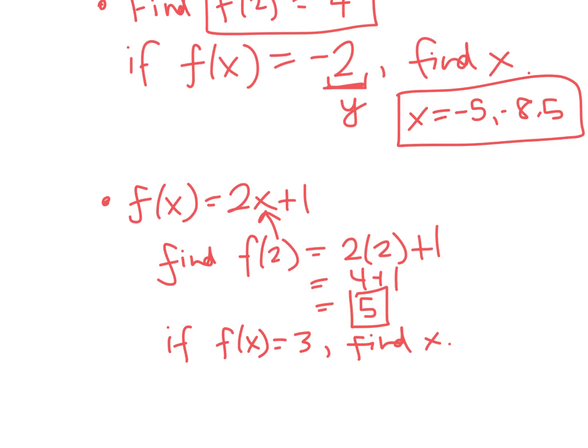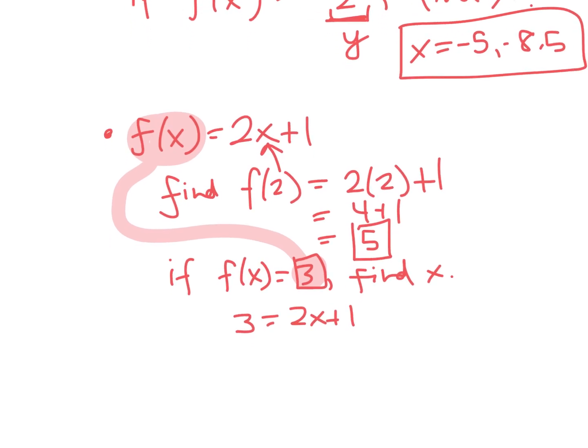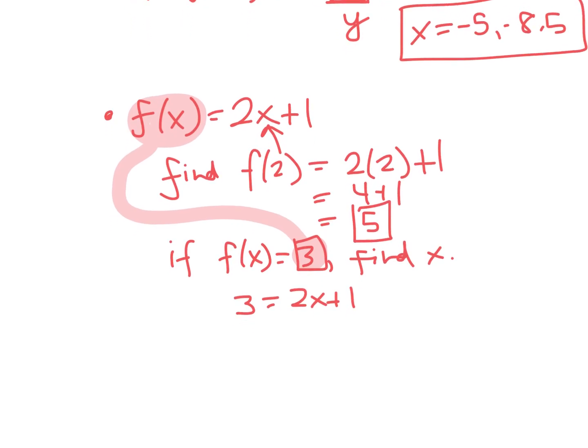So we're going to put this value 3 on the left side, on the whole left side, because it's the y value, it's the answer, right? So we're going to say, okay, well, 3 equals 2x plus 1. And then we just have a cute little equation that we solve for x. Minus 1 from both sides, divide both sides by 2, x was 1.